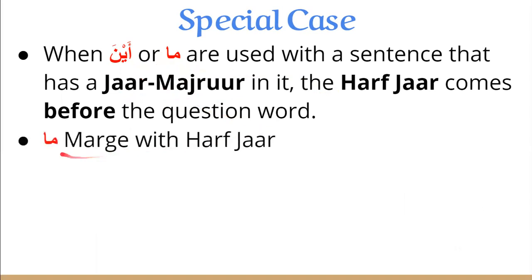And ma sometimes merges with the harf jar. This is a common occurrence in the Quran. So min huwa, the min, and then comes the aina. So between the jar majroor, the question word aina can come. Okay, min aina huwa means where is he from?